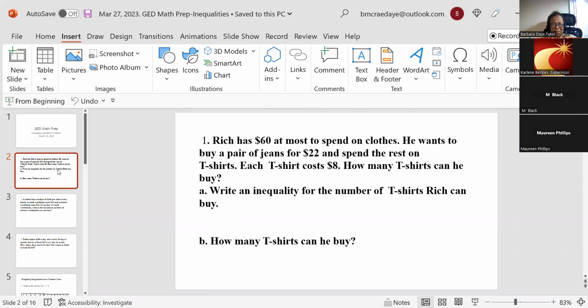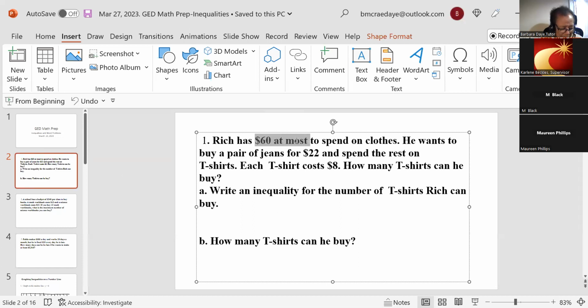First of all, for the jeans at $22, you have to subtract it from the $60, and then whatever change is left, you see if you can use it to divide, and then you get how many t-shirts. That's right. But to write the inequality is another thing. That's my weakness.